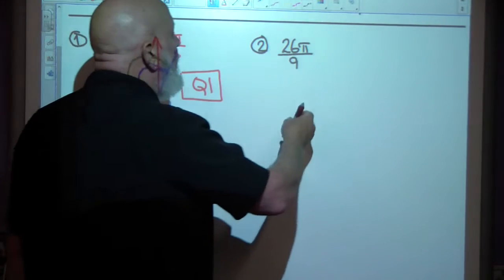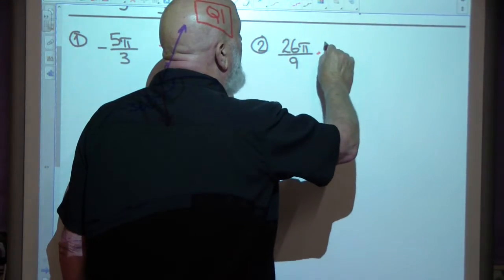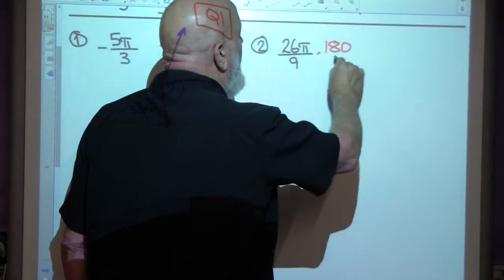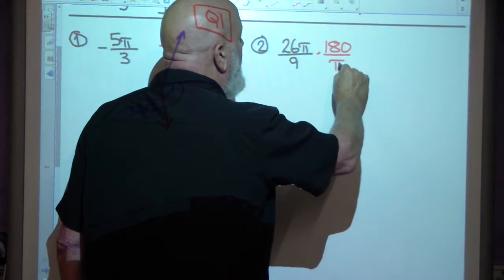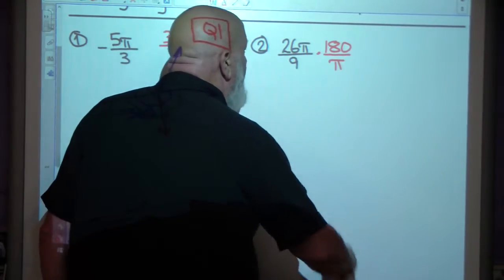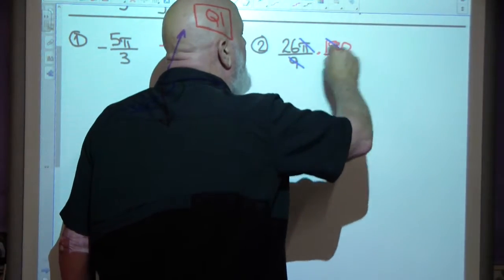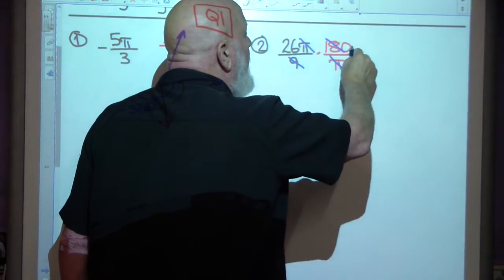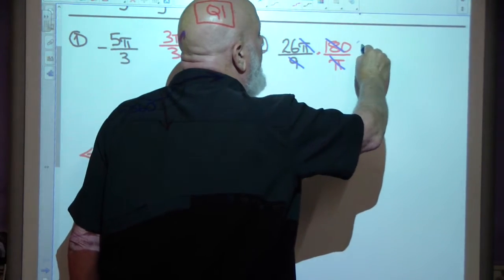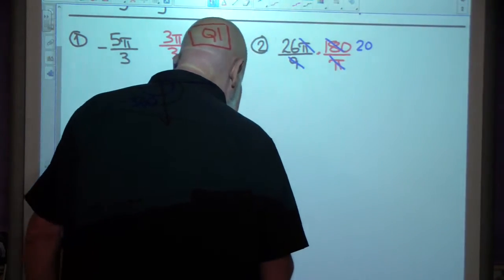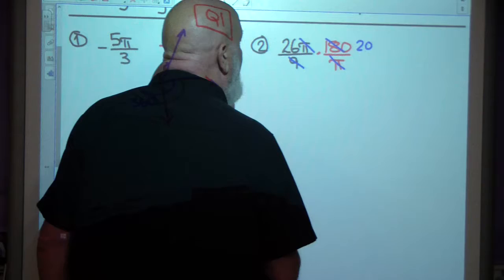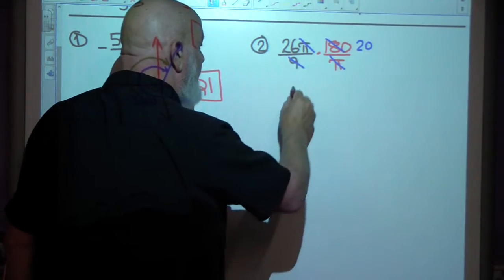We'll go ahead and convert it to degrees first. These will cancel. This will turn into a 20, dividing both by 9. 9 times 20. 26 times 20 is 520, is that right?